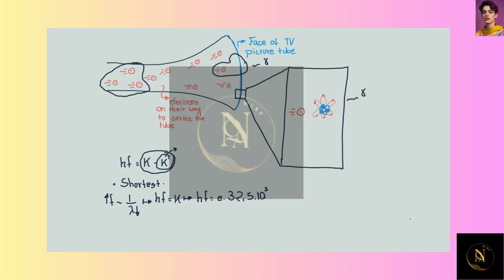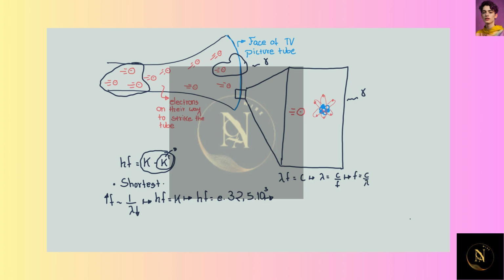So, we get the following value for the wavelength, remembering that lambda times f is equal to c, which is the speed of light. We can relate f and lambda as follows. Lambda is equal to c over f, and on the other hand, f is equal to c over lambda.